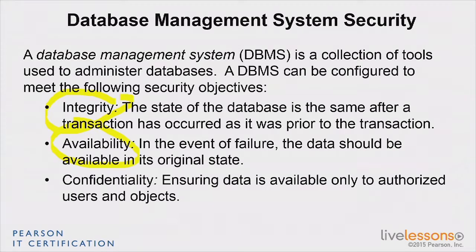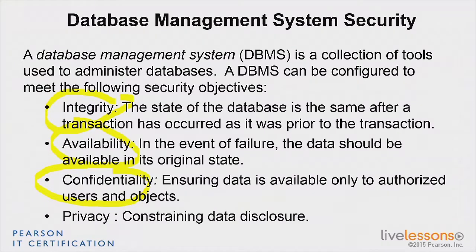The third is confidentiality, which is ensuring that data is available only to authorized users and objects. And the fourth is privacy, which is constraining data disclosure. So integrity, availability, confidentiality, and privacy. So we're going to look at the ways that a DBMS can ensure, again, integrity, availability, confidentiality, and privacy.